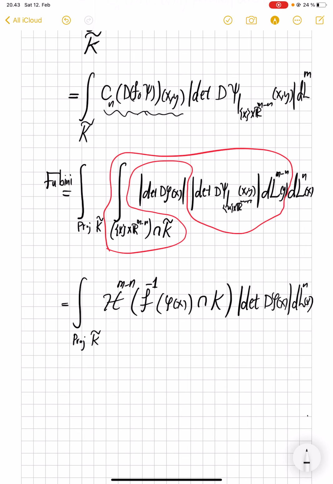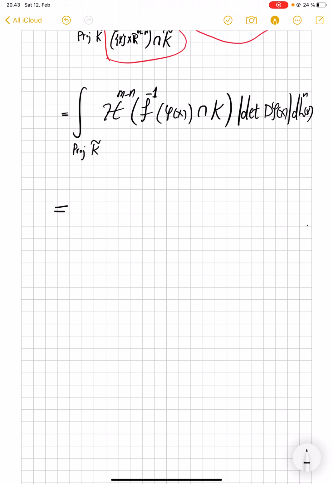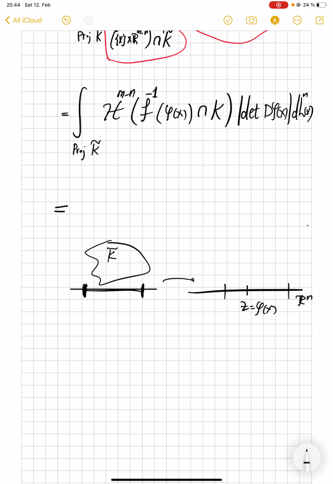dL^n of x. Okay, now comes the last u substitution formula. What I'm integrating here is, okay, here we have k tilde and we have its projection. If you have, so here is the image in R^n, here is z, which is phi of x. Phi is this bi-Lipschitz map going that way.